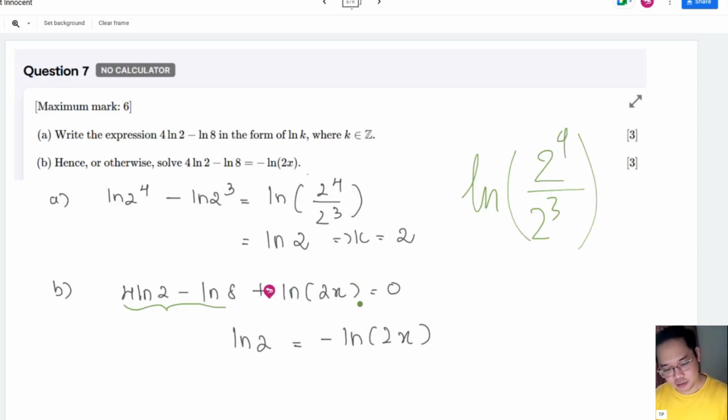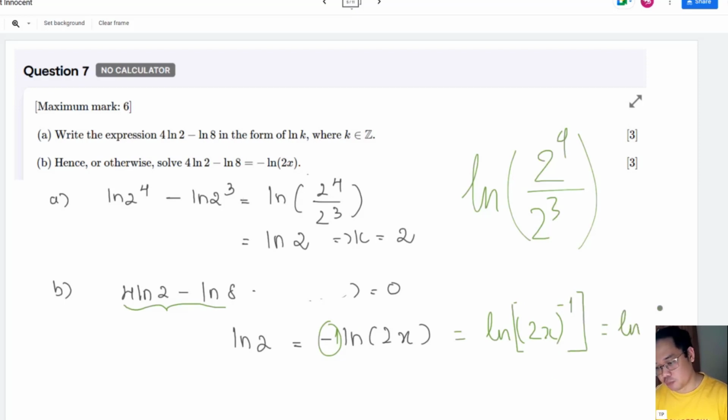This is not necessary. Now, move this negative sign, which is -1, this is indices. Move it to the top, to the indices of the term inside the bracket. Meaning this is equal to ln of (2x) power -1.